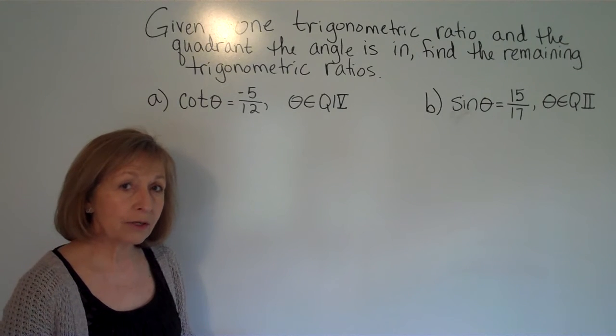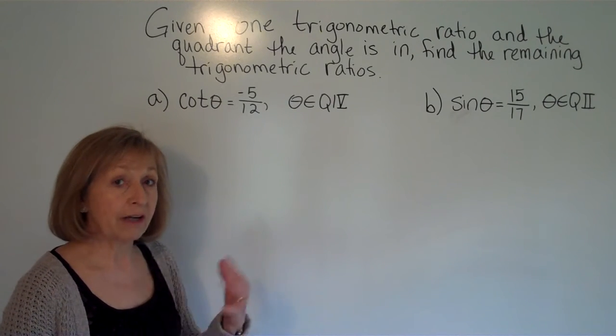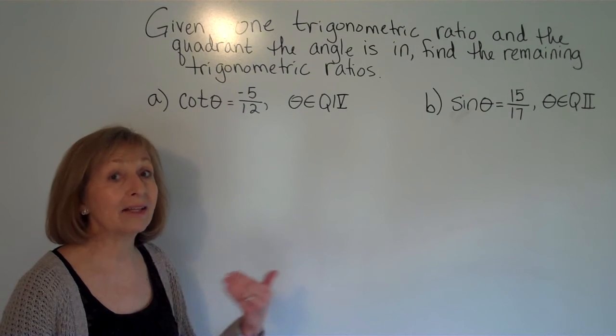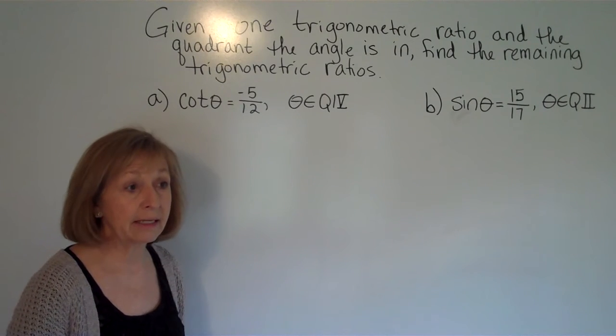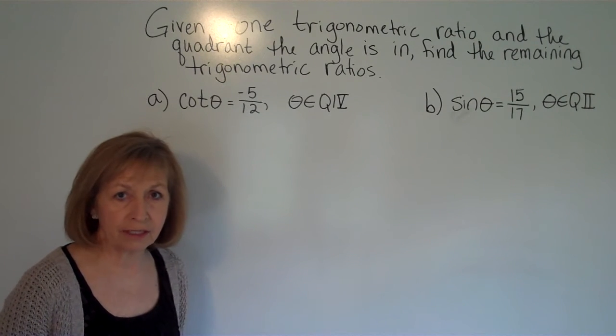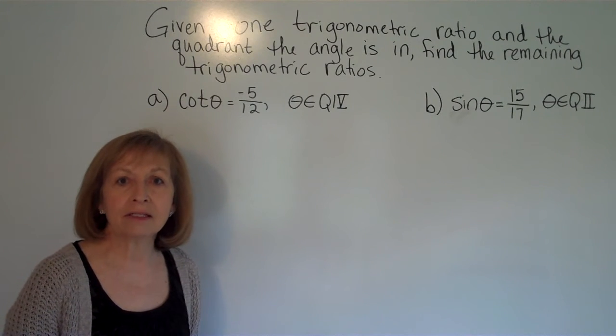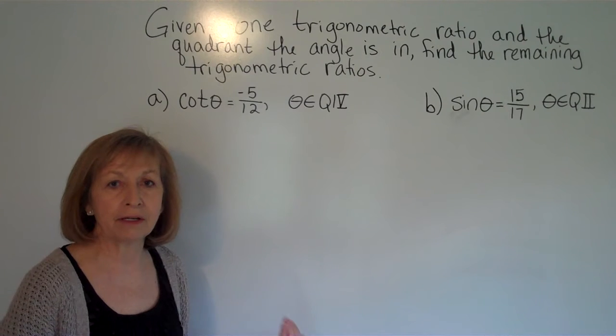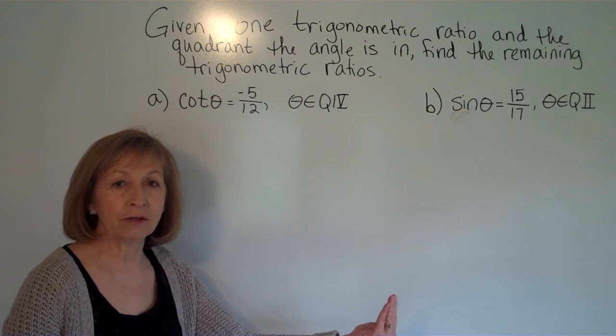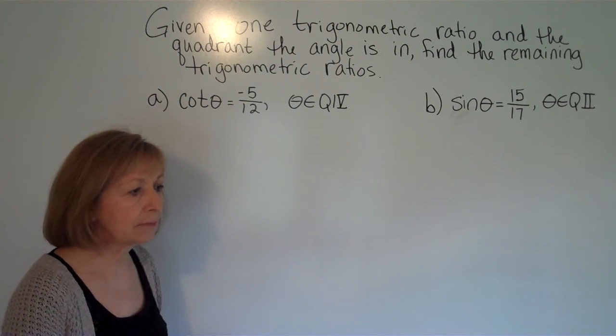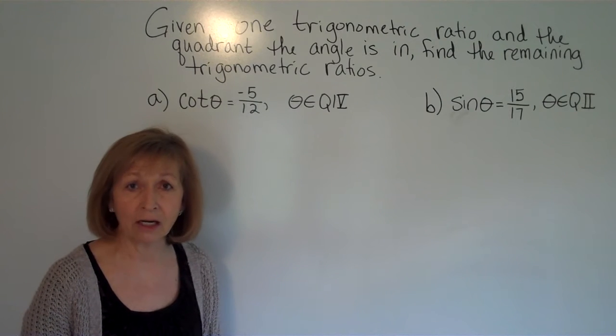If we have the trig ratio of an unknown angle, there's a couple different things they could be asking us about that. Sometimes they give you the ratio and they want you to find the angle. But that's not what they're asking here.